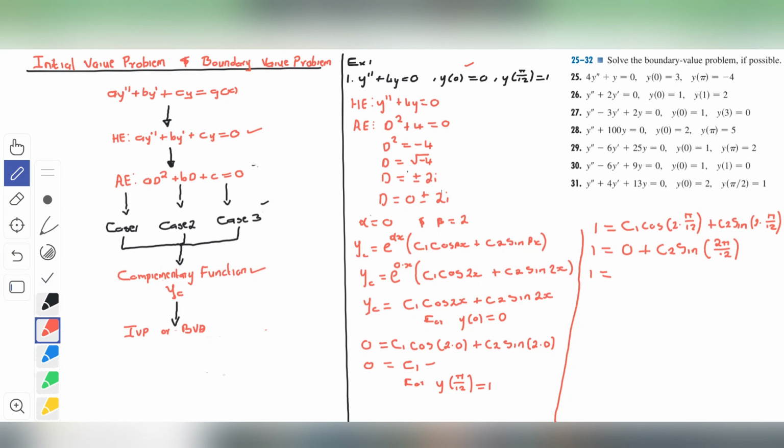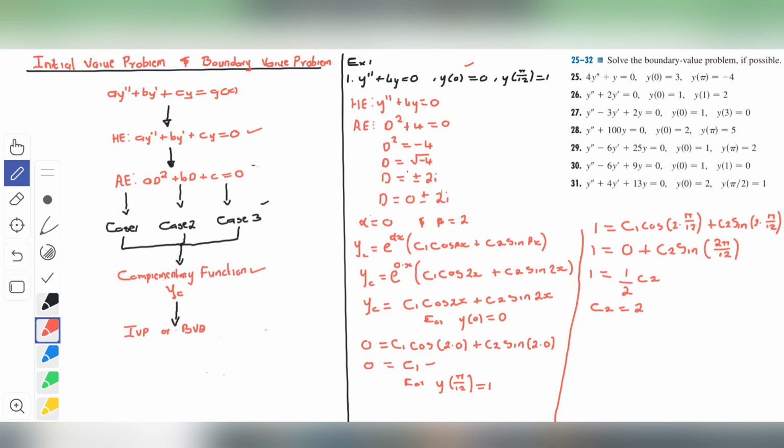When you press your calculator, the sine of 2 pi over 12 gives us 1 over 2, so we have 1 equals 1 over 2 C2. Now we can cross multiply, and we see that our C2 is 2, right?